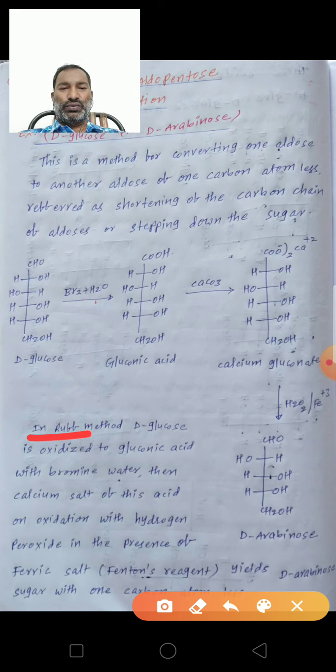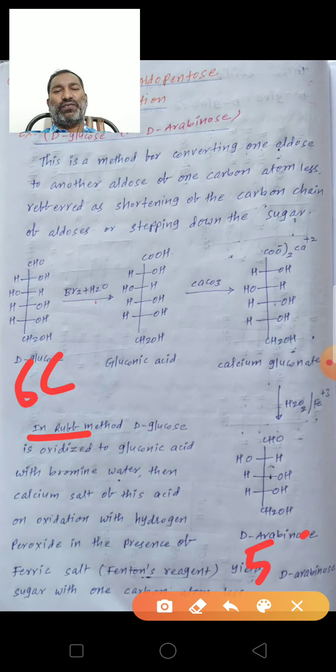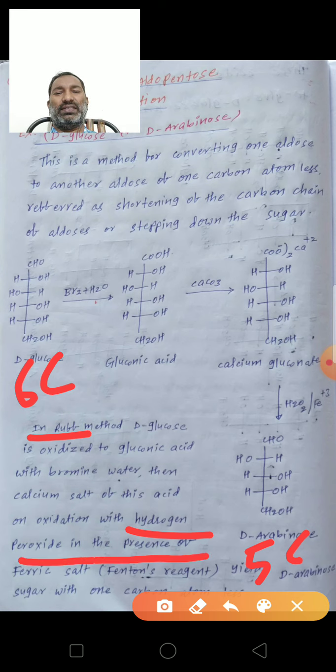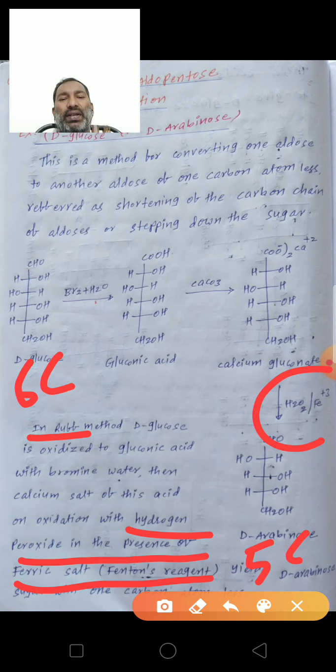So sugar, D-arabinose sugar with one carbon atom less. Here D-glucose contains 6 carbon atoms, so D-arabinose contains 5 carbon atoms. So here hydrogen peroxide in the presence of ferric salt, this mixture is known as Fenton's reagent.